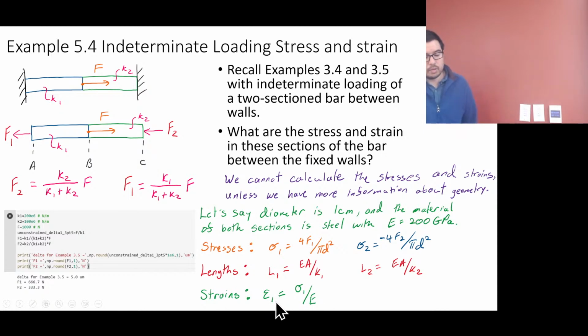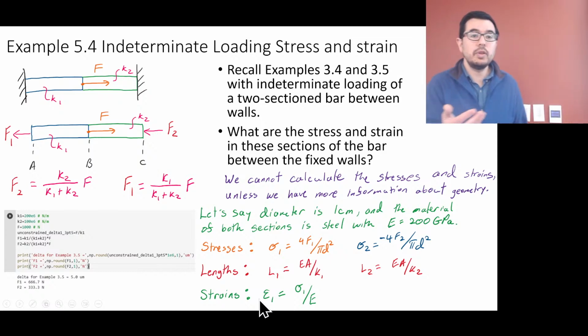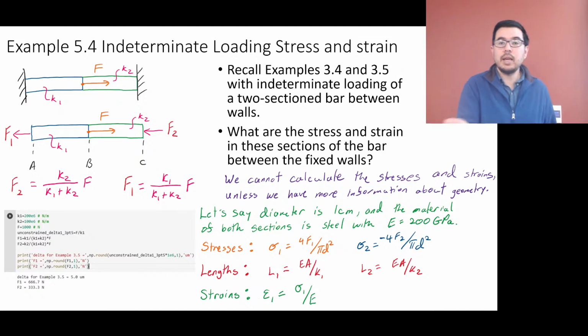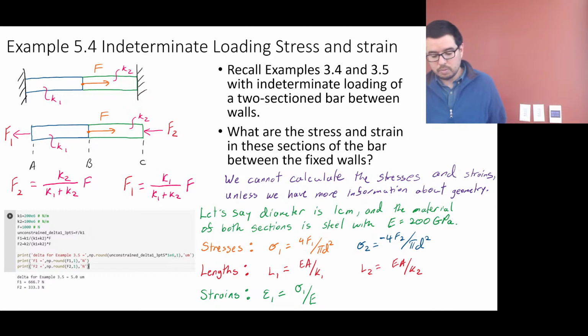Strain can come from Hooke's law, sigma is equal to E epsilon, or in this case, epsilon is equal to sigma over E, for both of these. And should I be careful? Yes, I should be careful and add a negative.